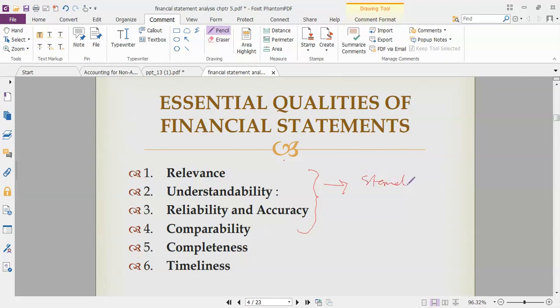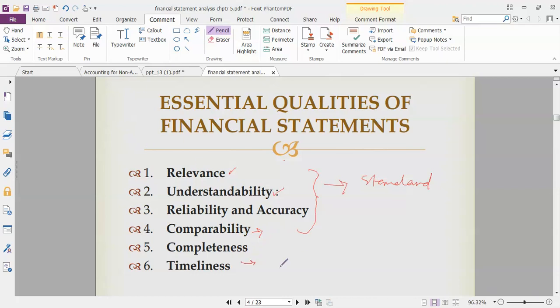The standard says that our financial statement should be relevant, and understood by all the laymen especially, and reliable and accurate, and also can be compared within our company throughout the years or outside the industry, and it's also completeness and timeliness.